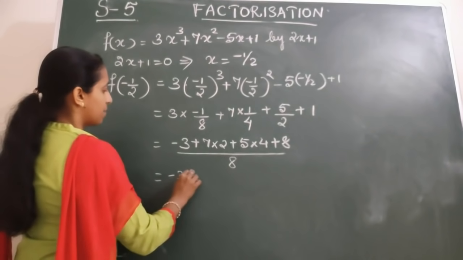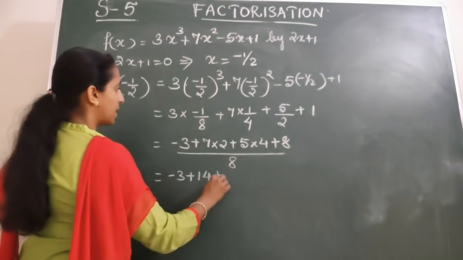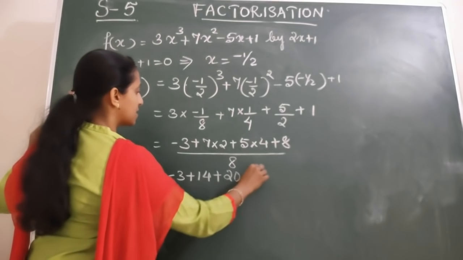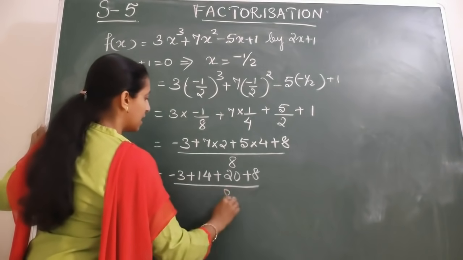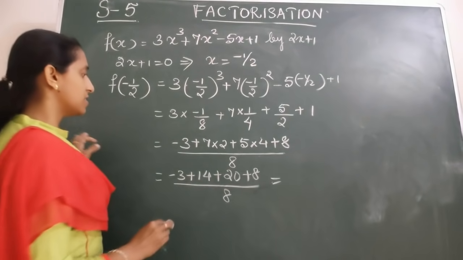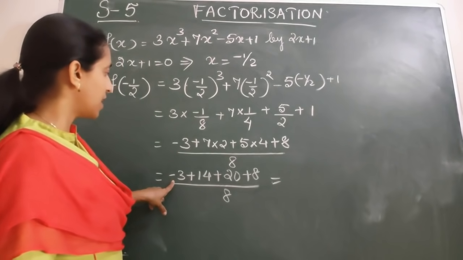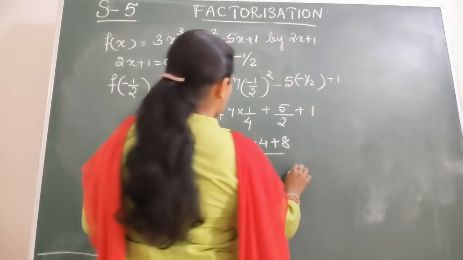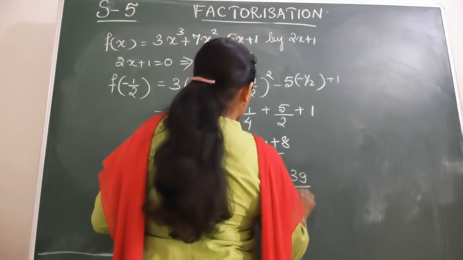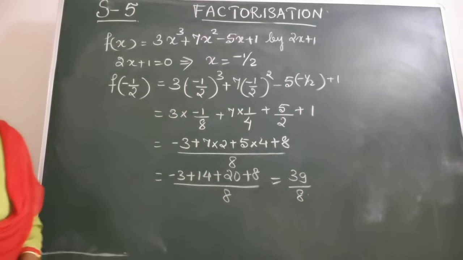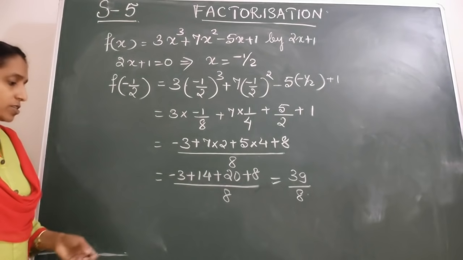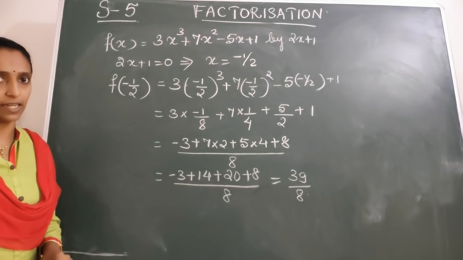Minus 3 plus 14 plus 20 plus 8 divided by 8. So 30 plus 12 minus 3. So you will get 39 by 8 as the remainder. So this is the concept of calculating the remainder.